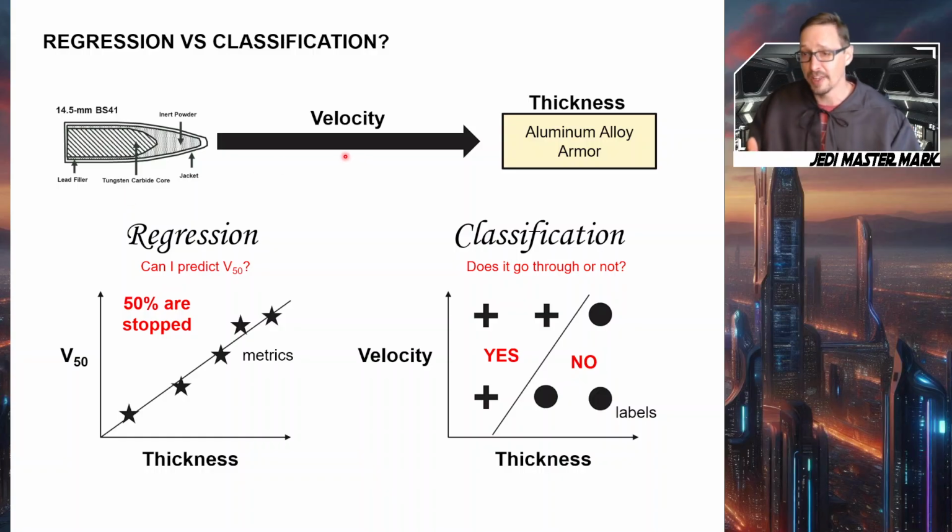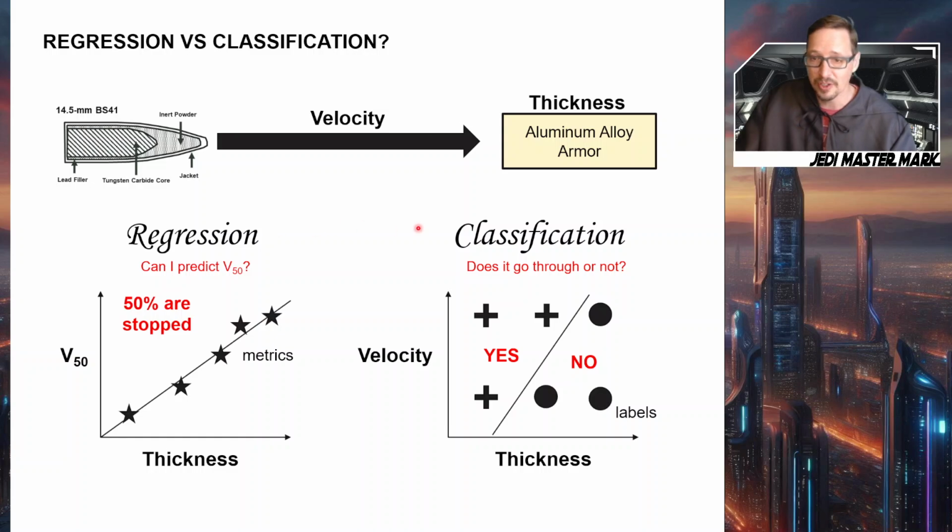One could be velocity, for instance, how fast the bullet is going. Gives you an idea of whether or not it's going to go through this armor. It could be the type of armor, in terms of material is important. The thickness of the armor is certainly important. And then we separated it into these two different types of responses or outputs.